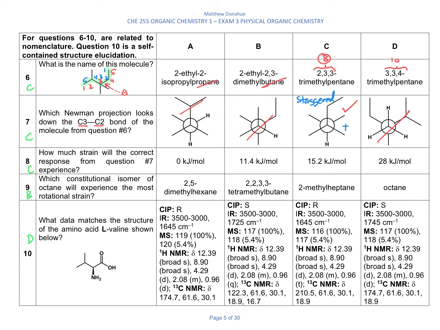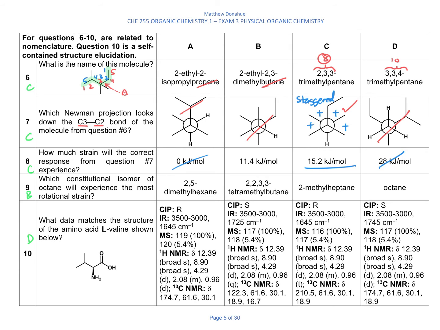We have 1 there, 2, 3, 4. And so we take that, I think it was like 3.9 times 4, and then we'll end up with this value here, 15.2. So you can use some intuition and say, okay, A can't be right because you have methyl gauche. 28 seems a bit high, so you would be fighting between B and C, and you just do the calculation to figure out what's what.